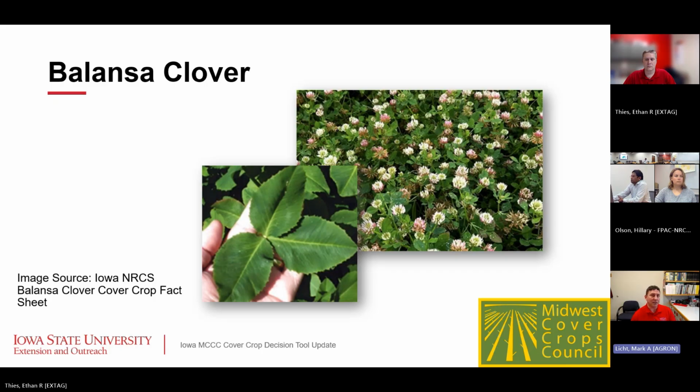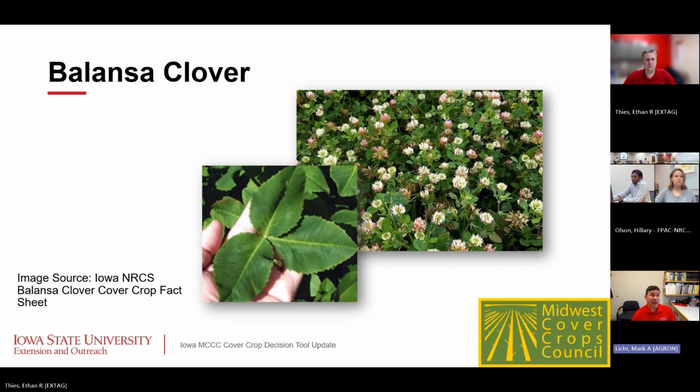I had some here in Central Iowa last fall that was planted, and I probably only had 5 to 10% of the stand that overwintered this winter here. So just be careful thinking about Balansa clover on where you're planting and whether or not it'll overwinter.